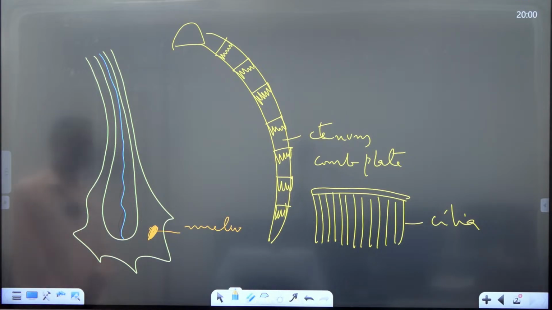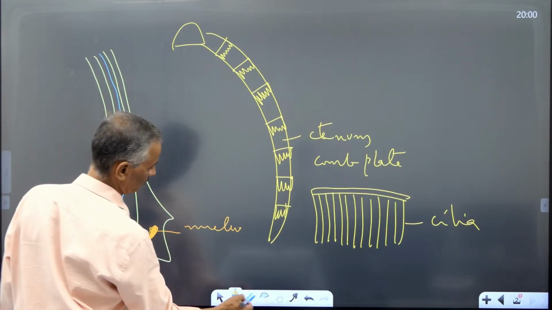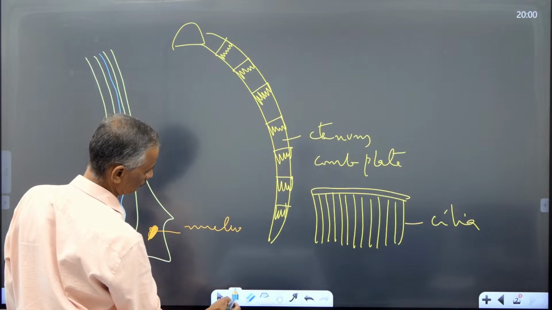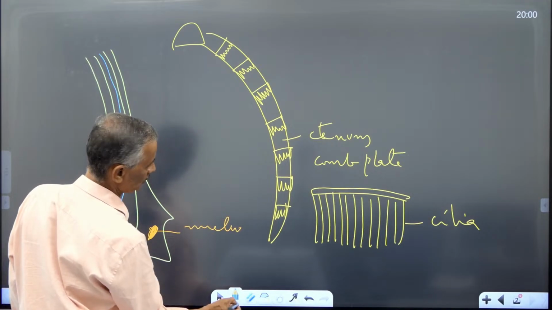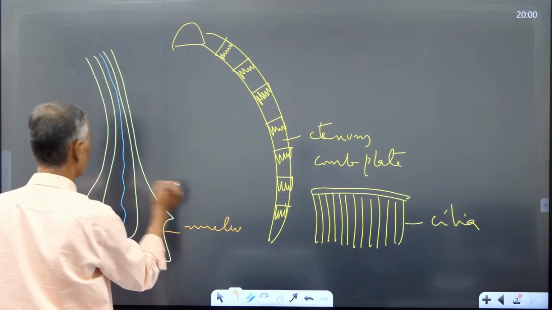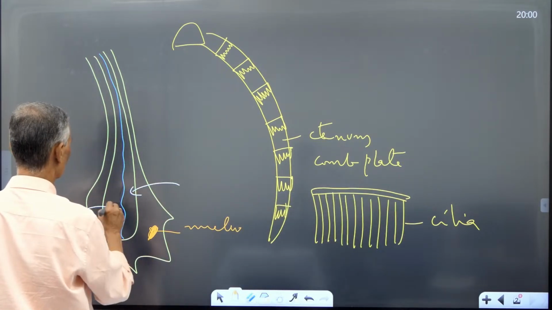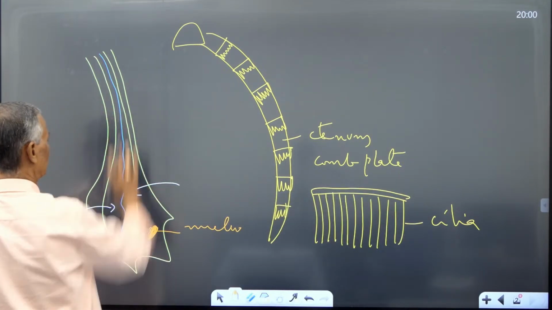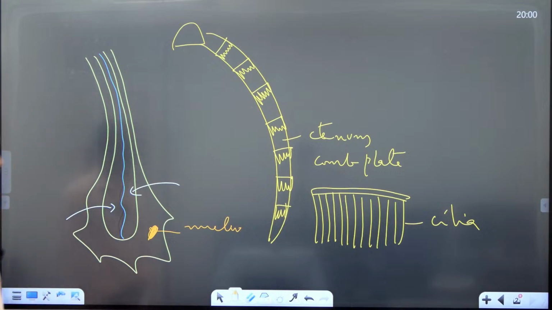Waste materials from surrounding tissues first diffuse from the surrounding region into the cavity of this structure.